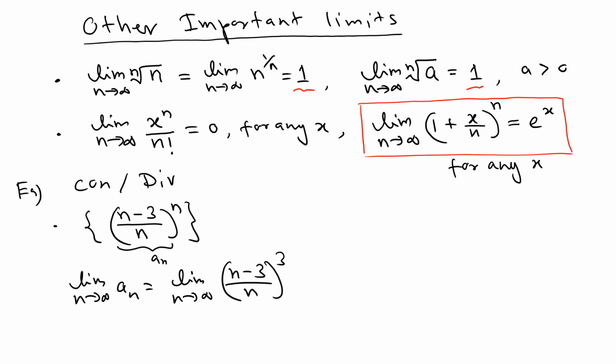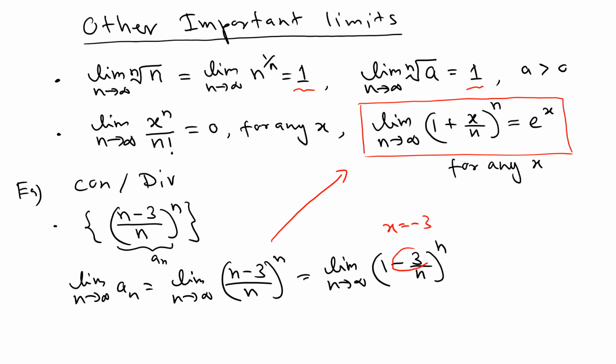What we need to do is bring this to that form. How to do that? You can simply divide by n. If you divide by n, you get 1 minus 3 over n, to the n. Now you can see, if you use the result here, x equals negative 3.